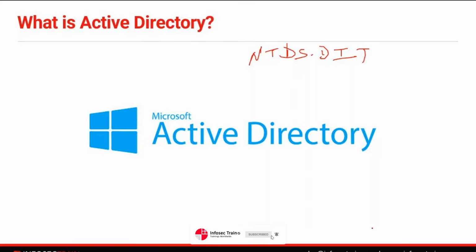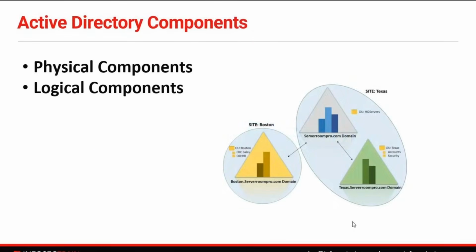Now, when we are talking about Active Directory, we have Active Directory components. There are two types of components in Active Directory: physical components and logical components. When you design your identity infrastructure, you need to consider both.